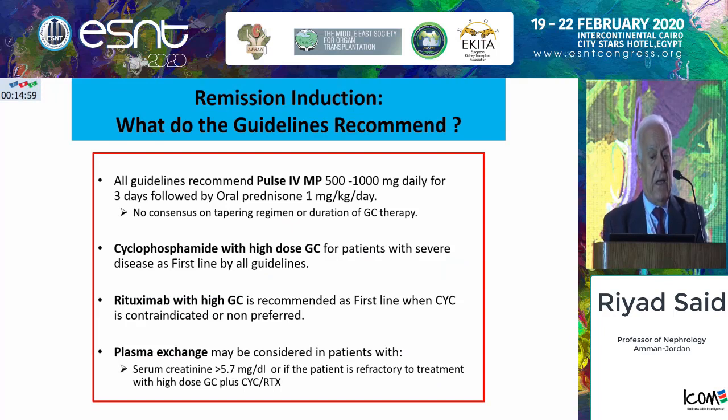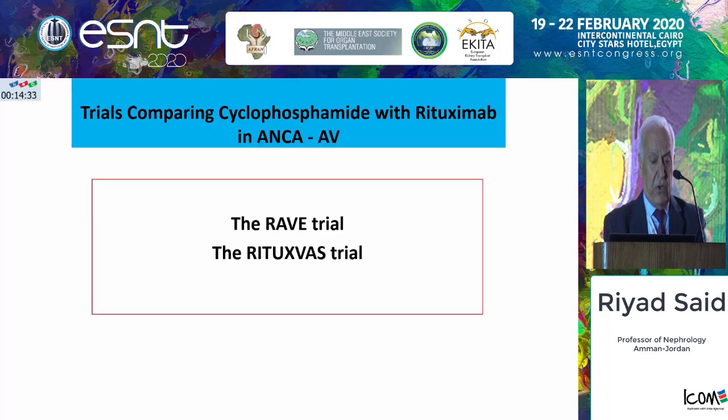The guidelines recommend steroid therapy, and then cyclophosphamide with high-dose glucocorticoids for all patients with severe disease as the first-line recommendation. Rituximab with high-dose corticosteroid is recommended as first line when cyclophosphamide is contraindicated or the patient does not prefer its use. Plasma exchange has its role, but this is not our topic.